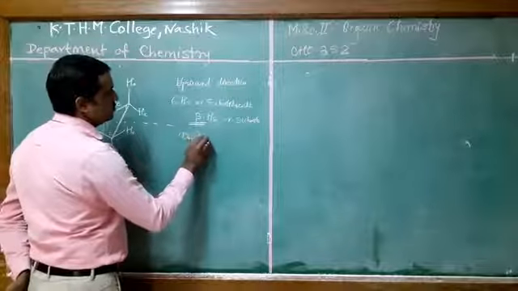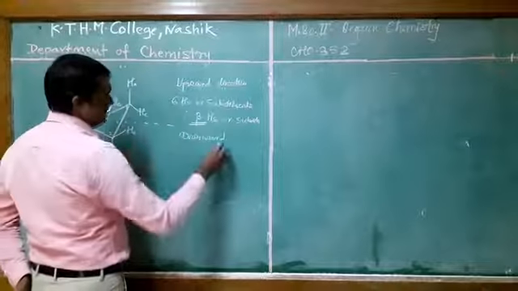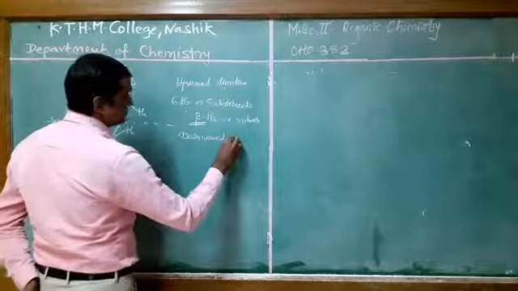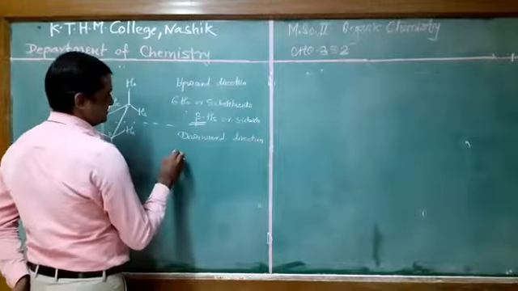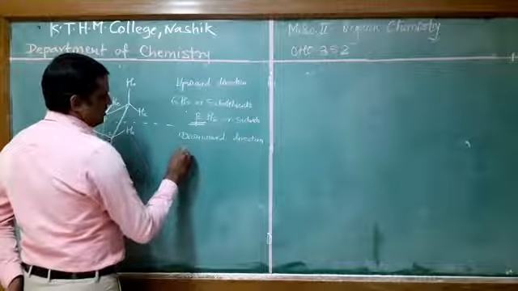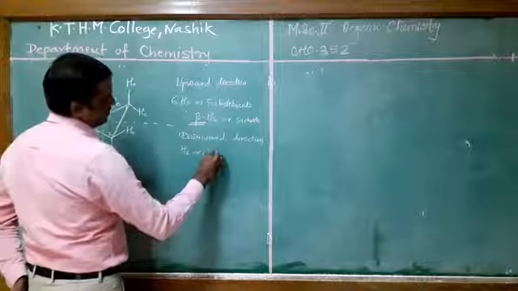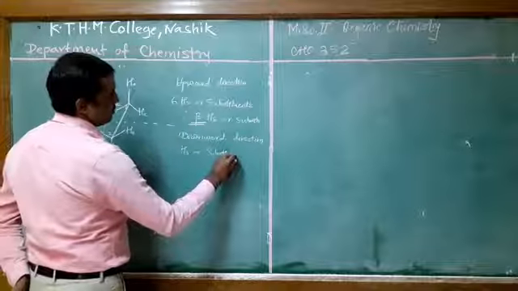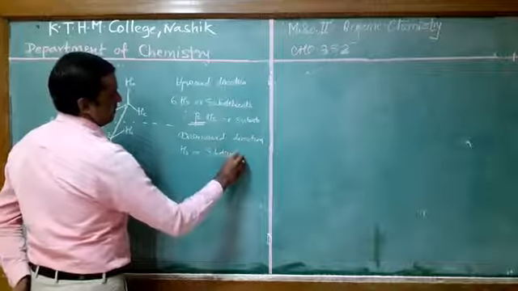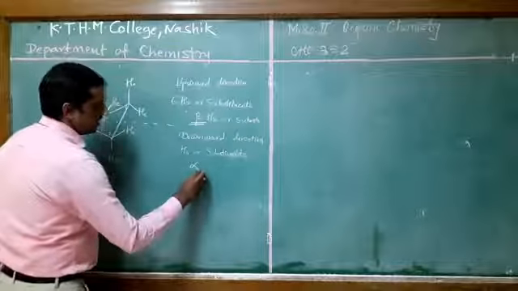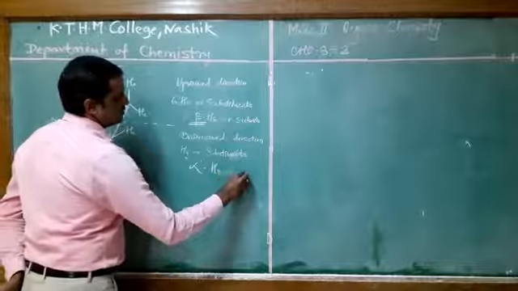Those hydrogens or substituents at the respective carbons in downward direction are known as alpha hydrogens or alpha substituents.